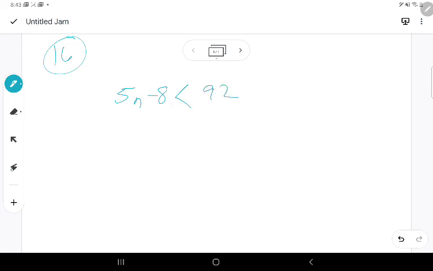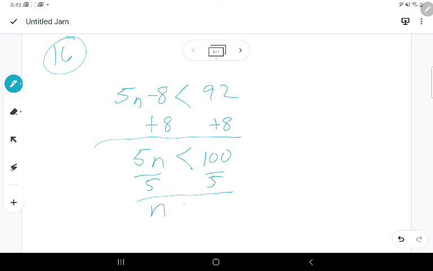So there is the inequality. Then to solve it, remember adding and subtracting before multiplying and dividing. So I add 8 to both sides. That gives me 5n is less than 100. I then divide both sides by 5, and n is less than 20. And that would be my answer. Okay?